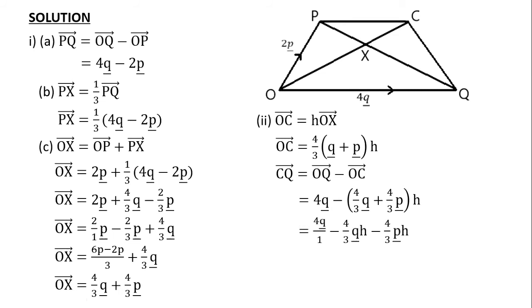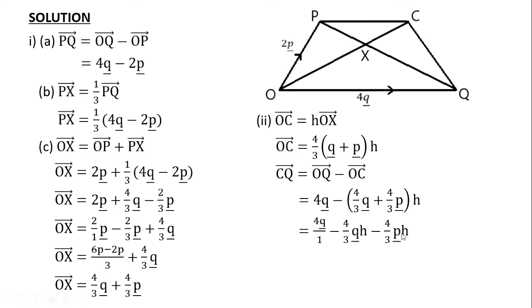Our like terms are 4 over 1Q minus, if you multiply negative 1 times 4 over 3Q, you get a negative 4 over 3Q with that H. If you multiply negative 1 times positive 4 over 3P, you are going to get a negative 4 over 3P.